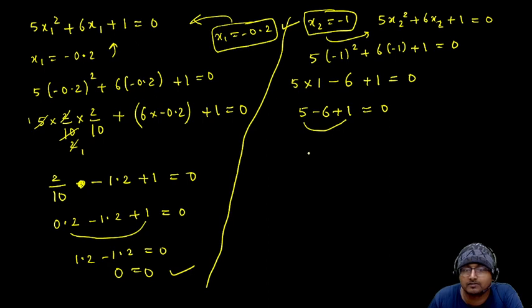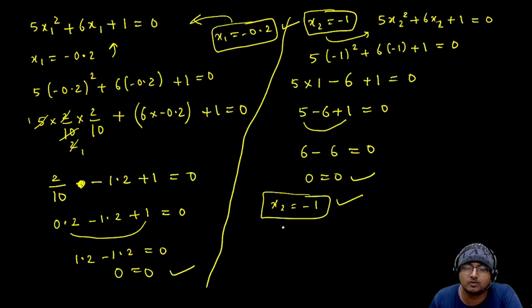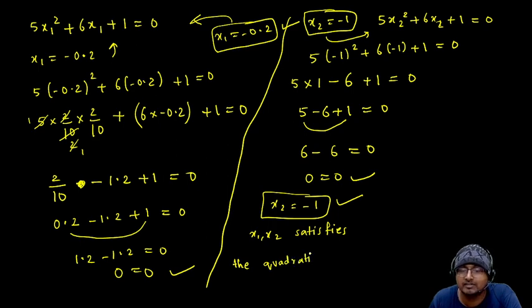So 5 into 1 is 5, minus 6, plus 1 is equal to 0. So what is 5 plus 1? 6. 6 minus 6 is equal to 0. So 0 is equal to 0. Hence correct. Hence x2 is equal to minus 1 is also a root satisfying the quadratic equation. So x1, x2 satisfy the quadratic equation.